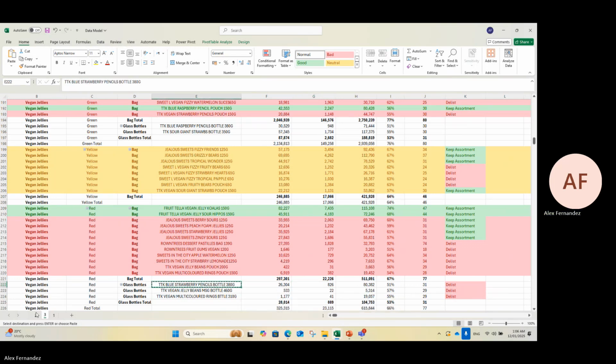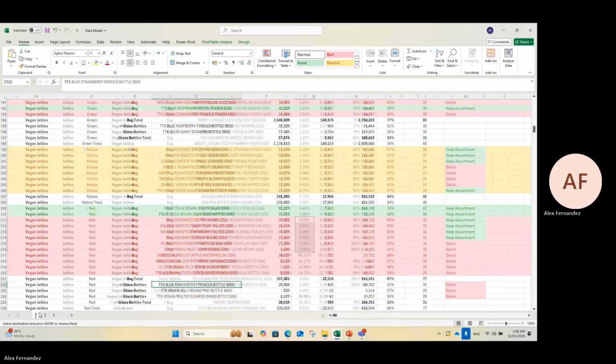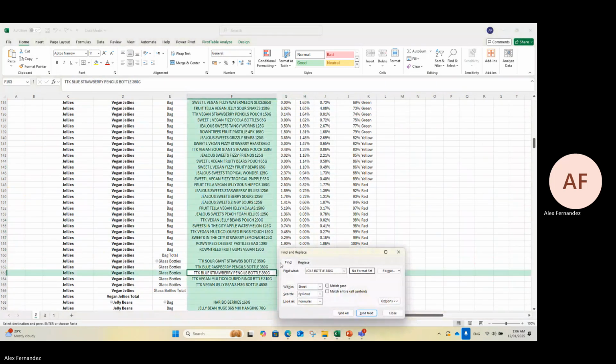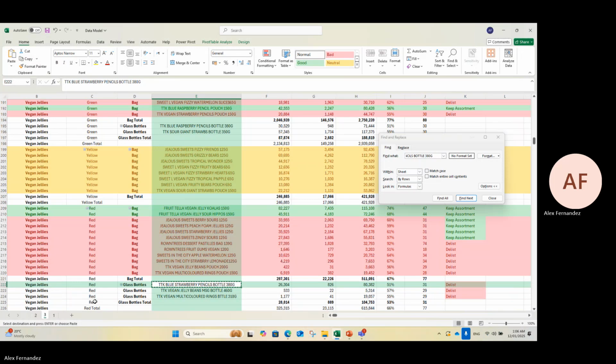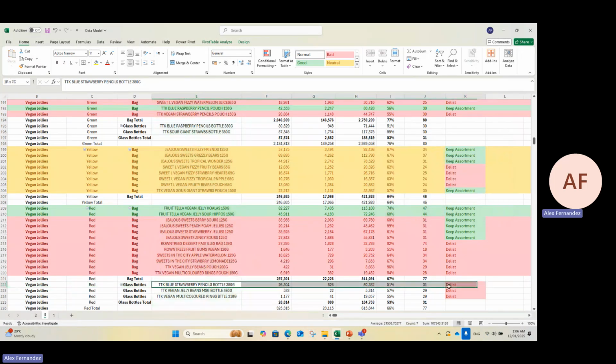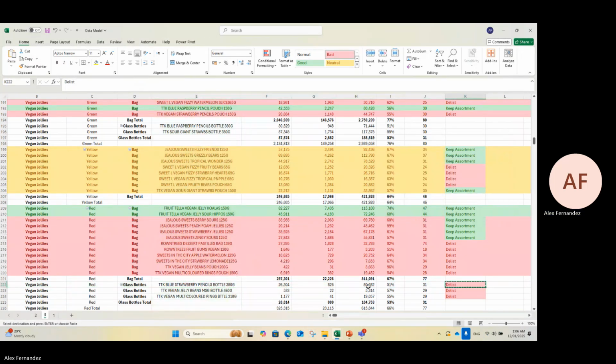Let's check. So it had much bigger sales in 2023 versus 2024. I think it's better to take the hard call and delist.